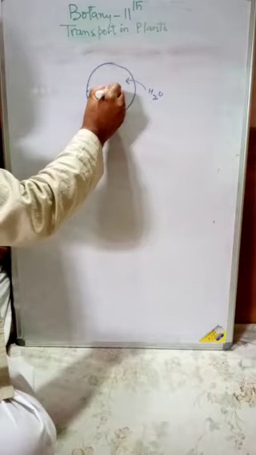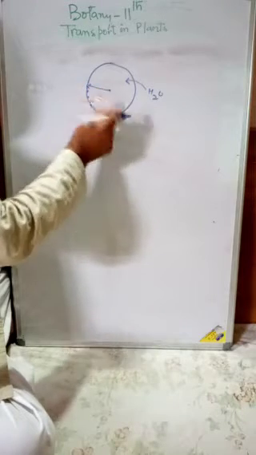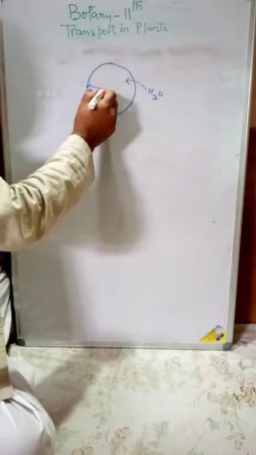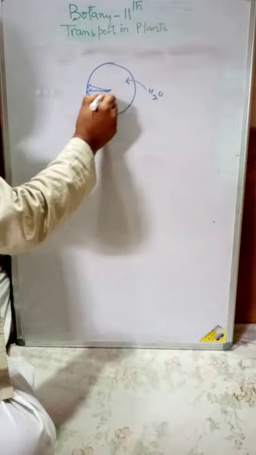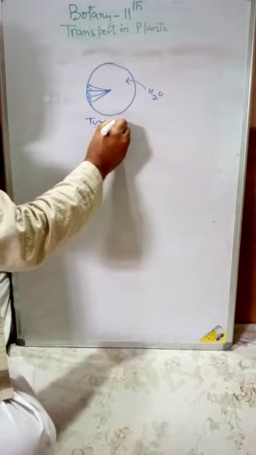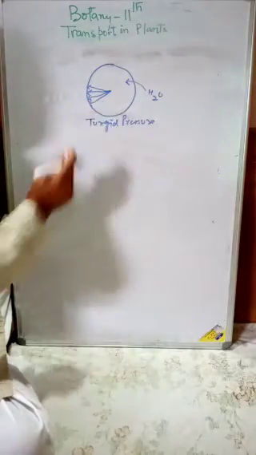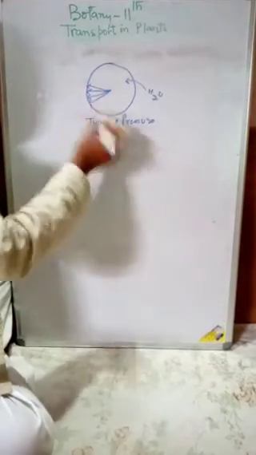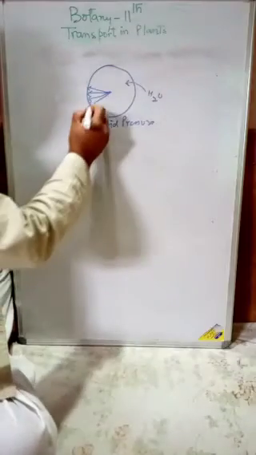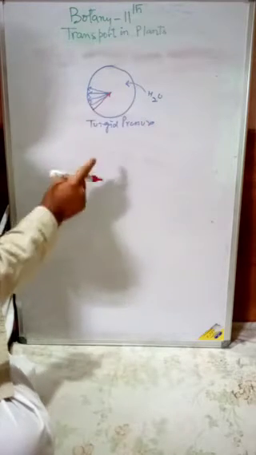For example, this is the water molecule. This water molecule exerts pressure on the walls of this cell. So this is called the turgid pressure. Now, this wall in its turn also exerts pressure on this water molecule, but in the opposite direction.